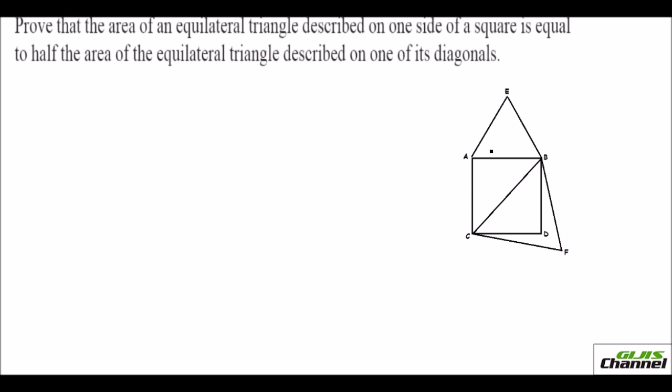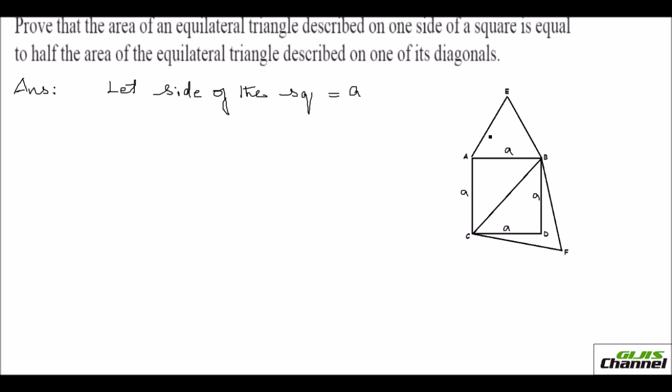So to make it much easier, let the side be A. Let the side of the square be A units. So you know all the four sides of the square are the same, so they are all A.